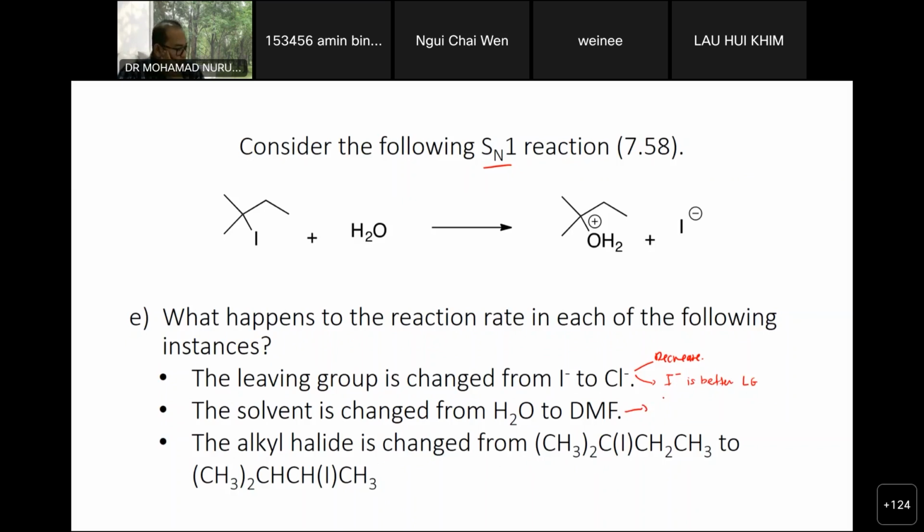So what happens to the rate of reaction if we change to dimethylformamide? Anybody want to answer this question? Reaction remains the same, no change. Okay, what happens?